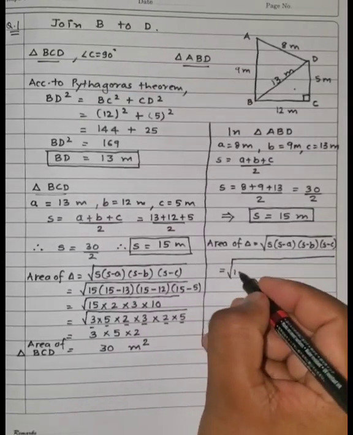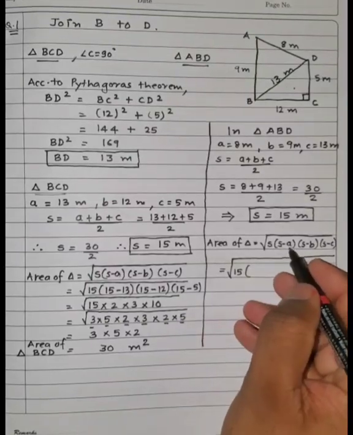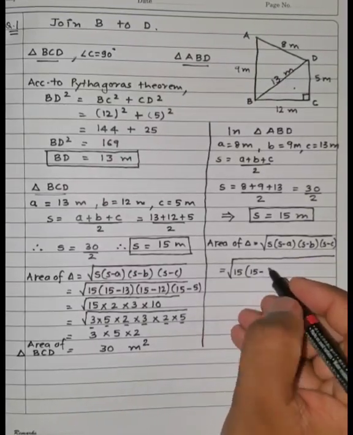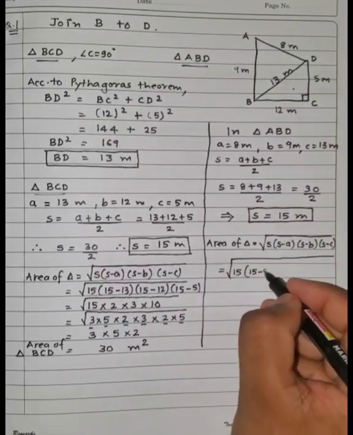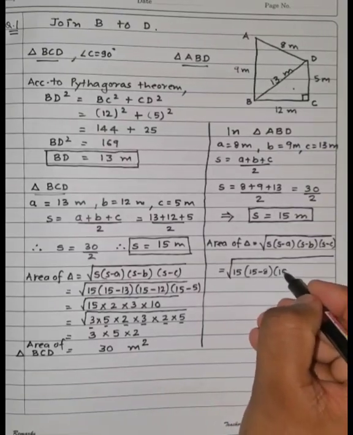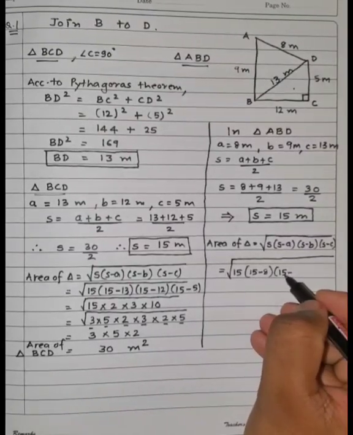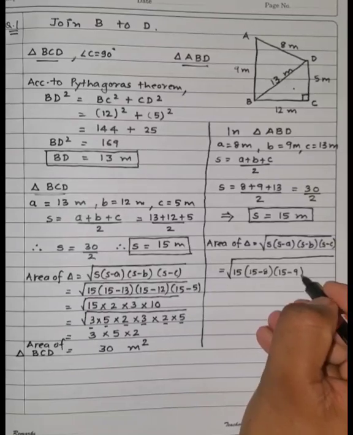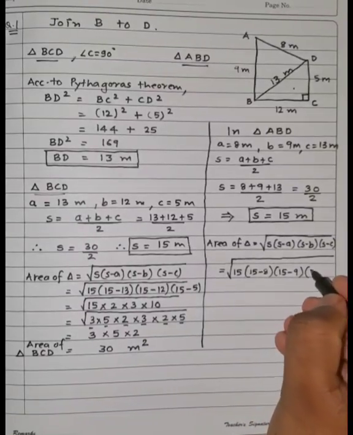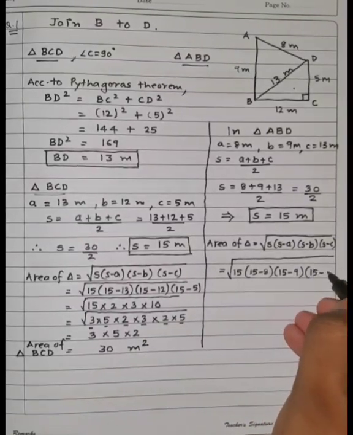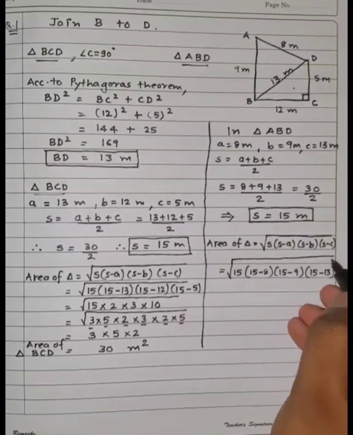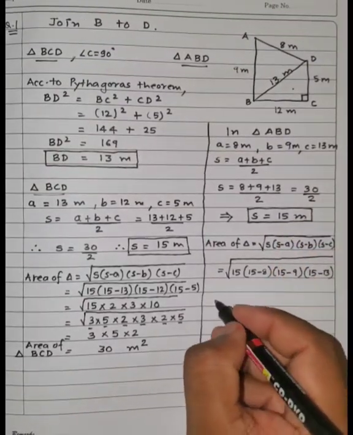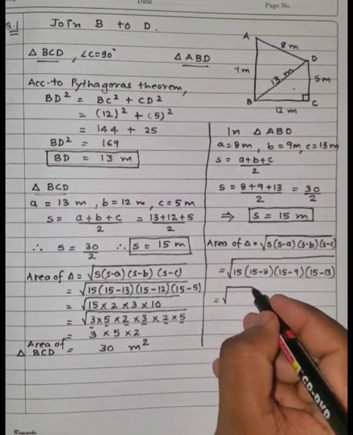S is 15. S minus A, 15 minus, what is A? 8. S minus B, that is 15 minus B, which is 9. S minus C, that is 15 minus C, which is 13. Now, I've got this.